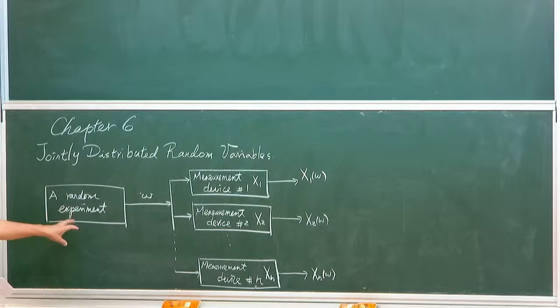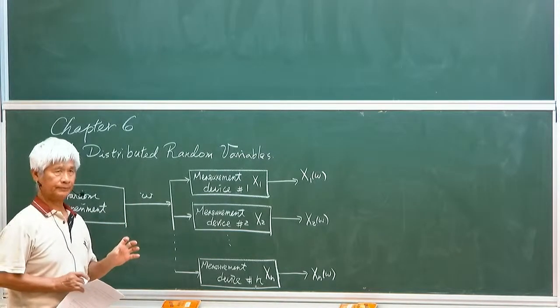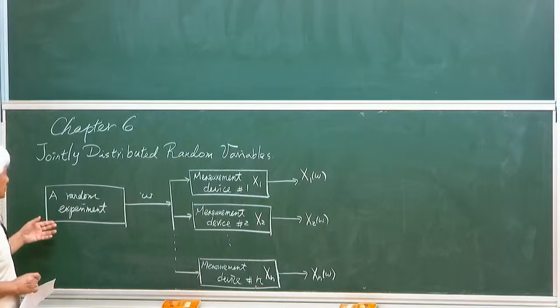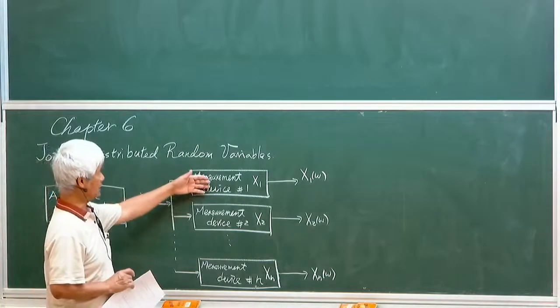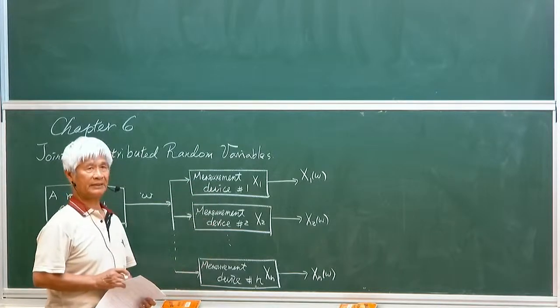So we have a running experiment, and omega is just an outcome. When we do the running experiments, we may have used N measurement devices.